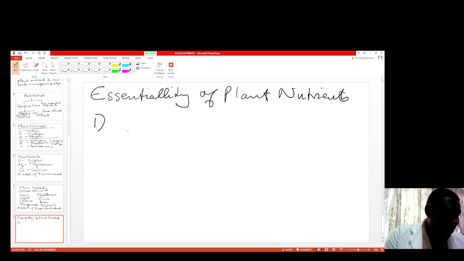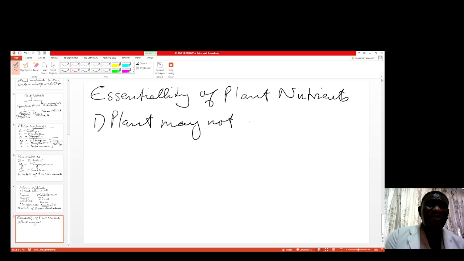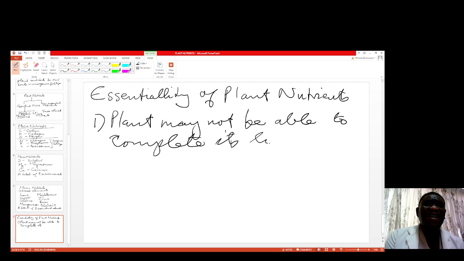Number one, if the essential nutrient is absent, the plant may not be able to complete its life cycle.